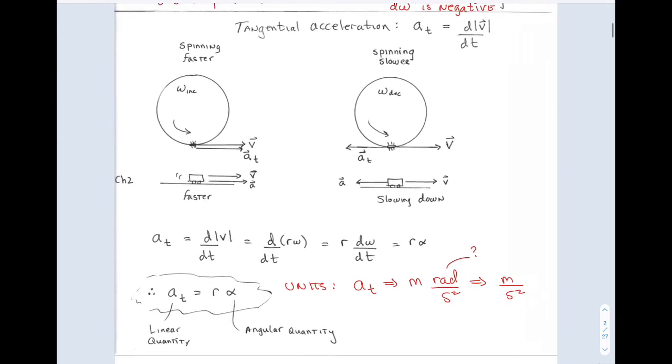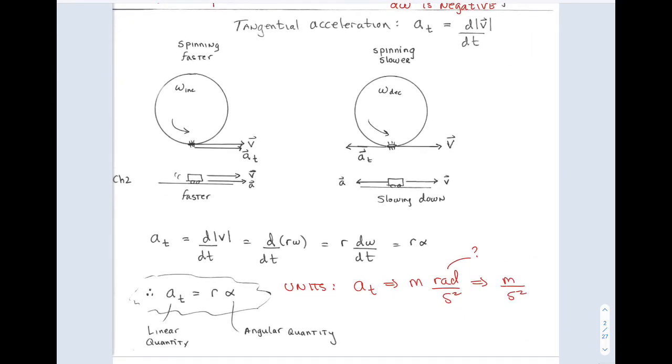Now, another thing that's new that pops up in this chapter is the concept of a tangential acceleration. Here I have a spinning wheel, and I have a bug on the rim of the wheel, and the wheel's spinning.